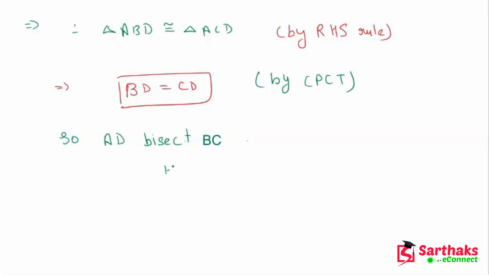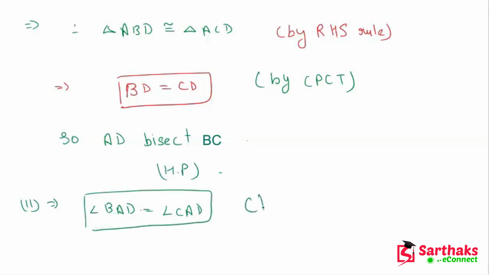Hence proved. Now in the second part, again by the rule of CPCT, we can write angle BAD is equal to angle CAD.